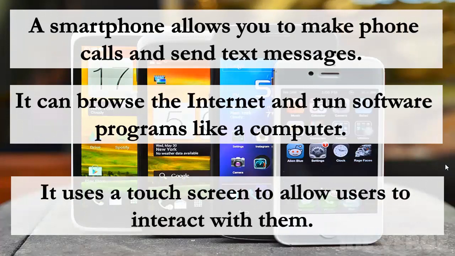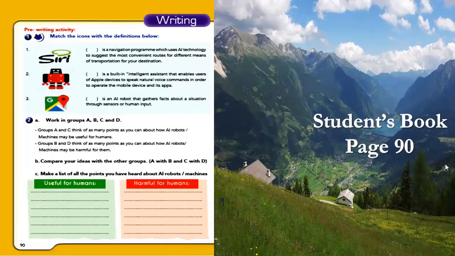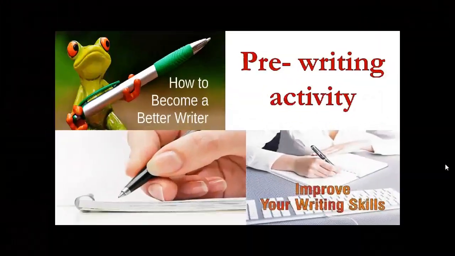Okay, it uses a touch screen to allow users to interact with them. Okay, there are thousands of smartphone apps including games, personal use and business use programs that can all run on the phone.